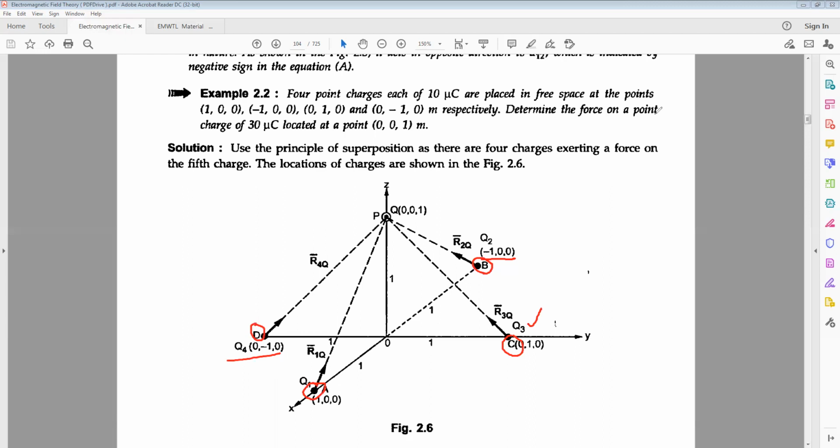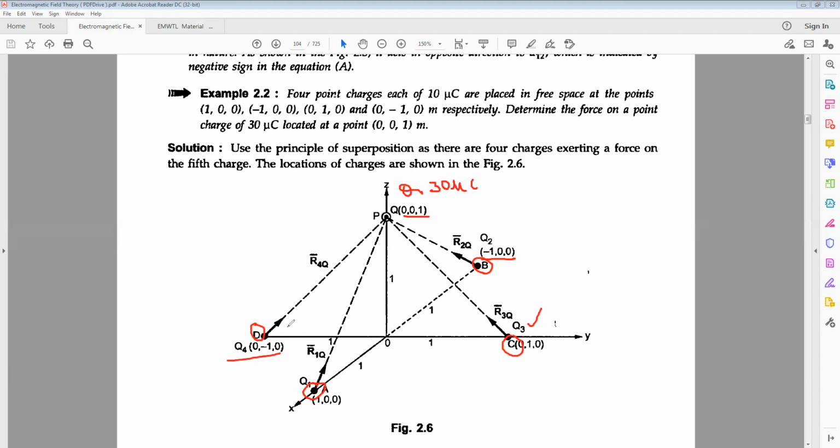Determine the force on a point charge of 30 microcoulombs located at the point 0, 0, 1. So there are four charges located.